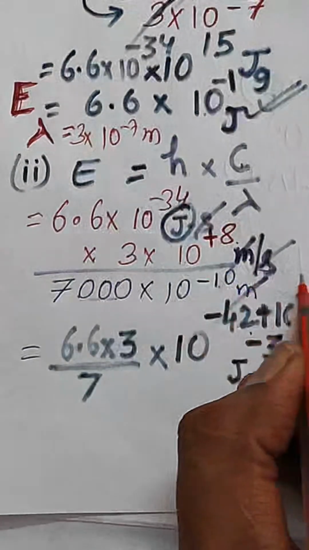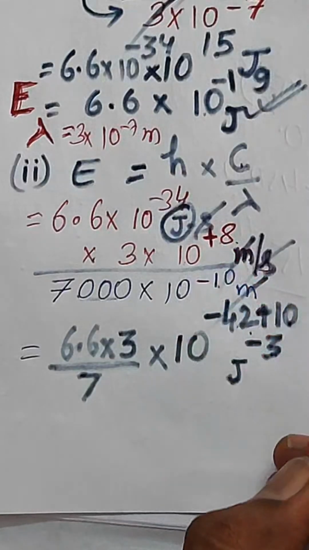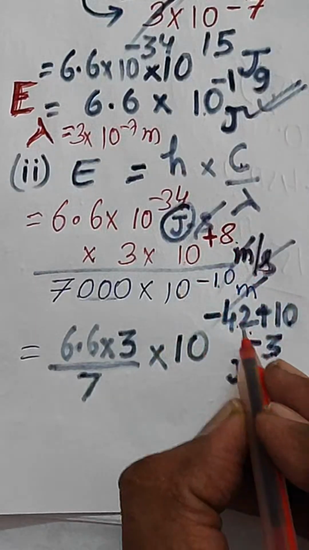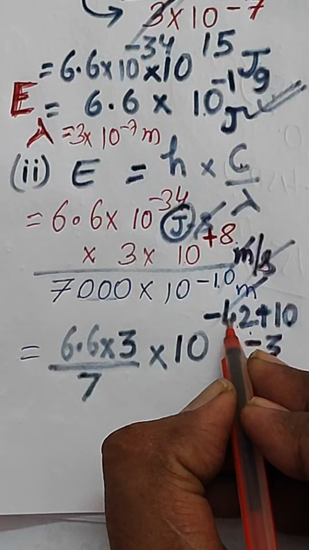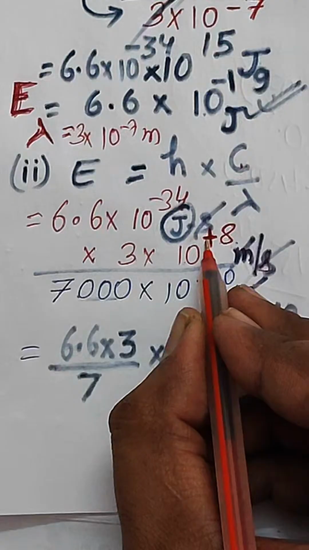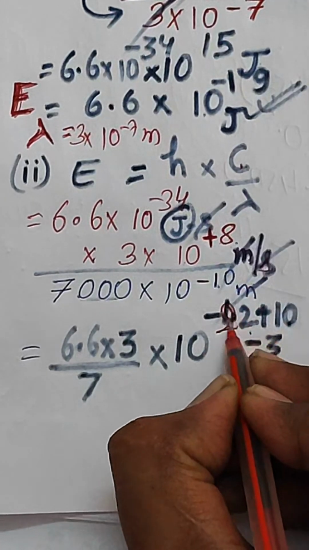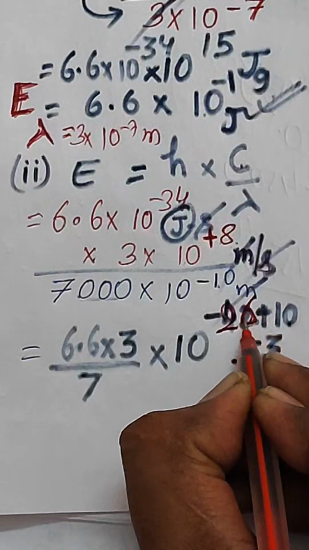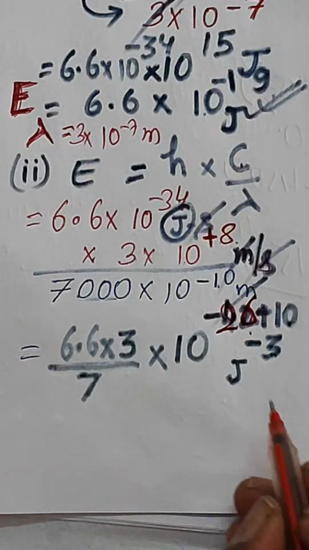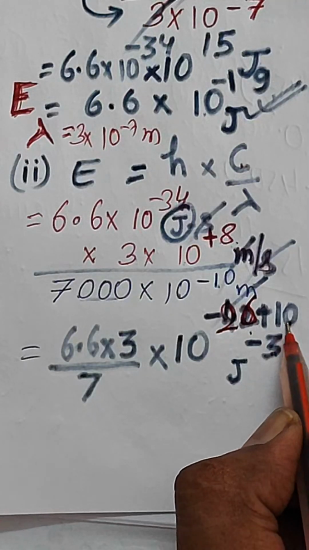So minus 34 plus 8 will be minus 26. Minus 26 minus 3 is minus 29, plus 10.